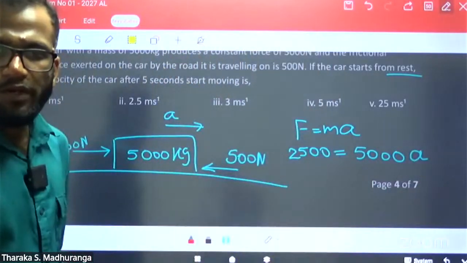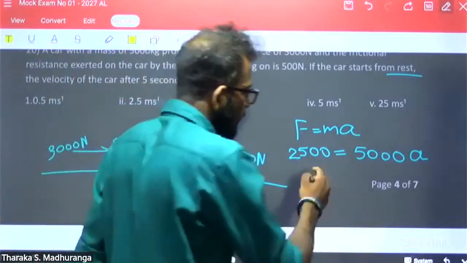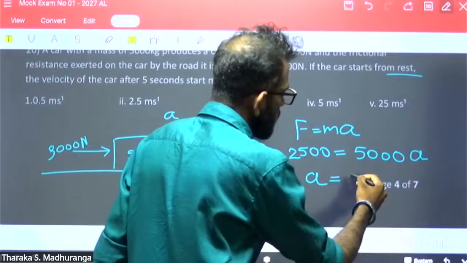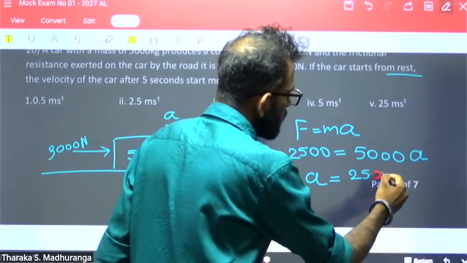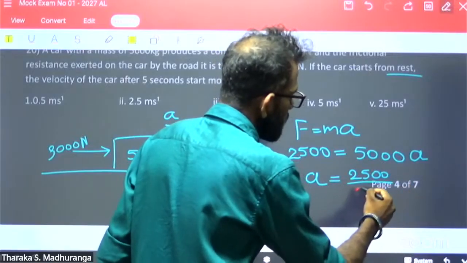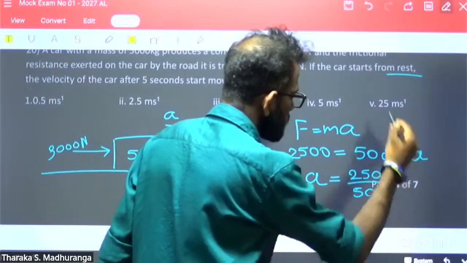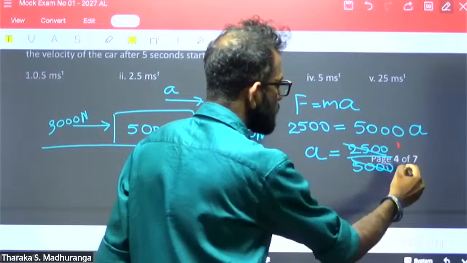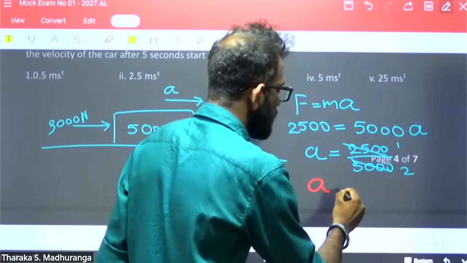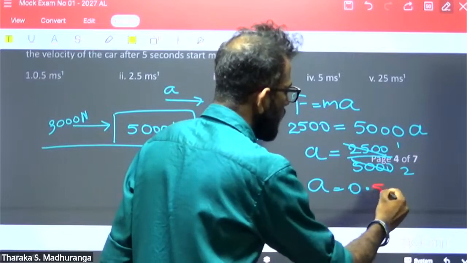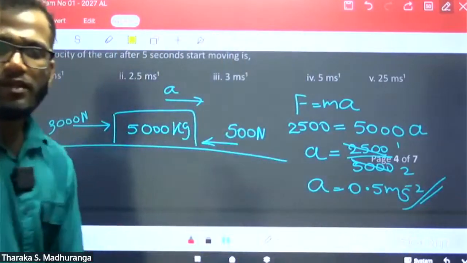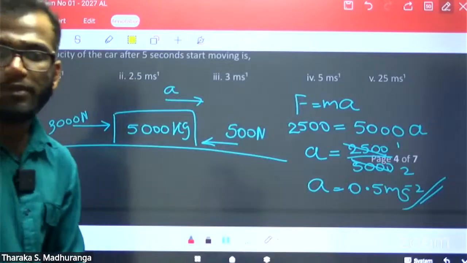Now you already know the acceleration of the object: a equals 2,500 over 5,000, which is half. Acceleration equals 0.5 m/s squared.